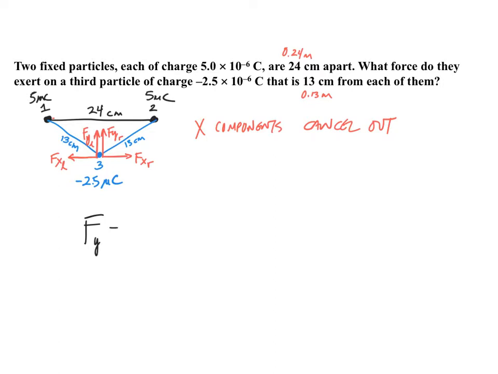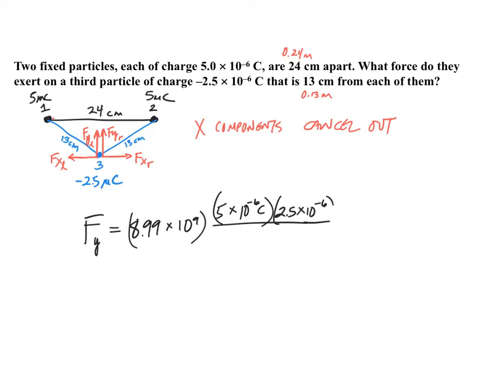So F in the y direction is going to be 8.99 times 10 to the ninth, and we're going to have a 5 microcoulomb charge times a 2.5 microcoulomb charge. And the separation distance is 0.13 meters squared.